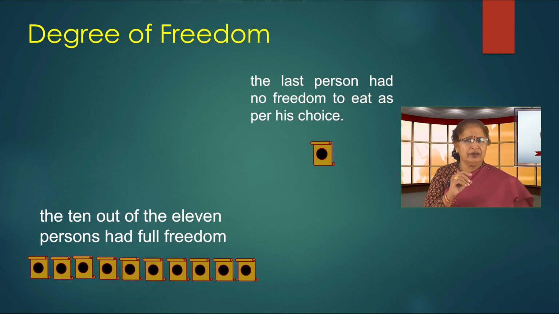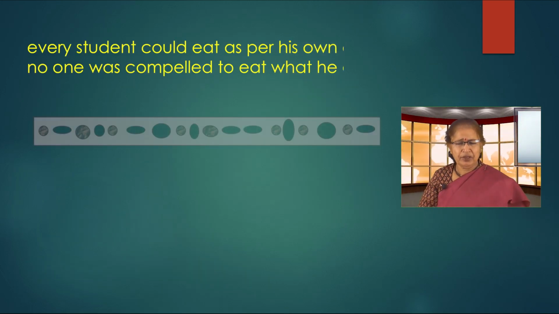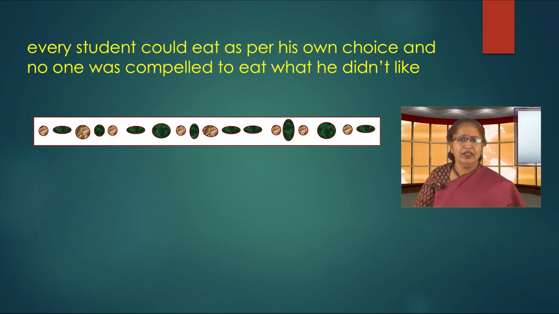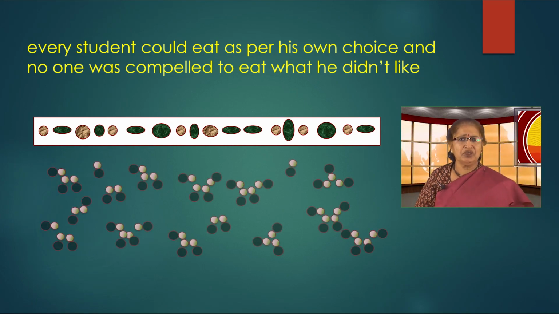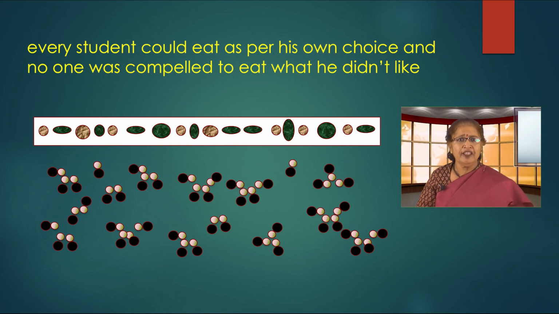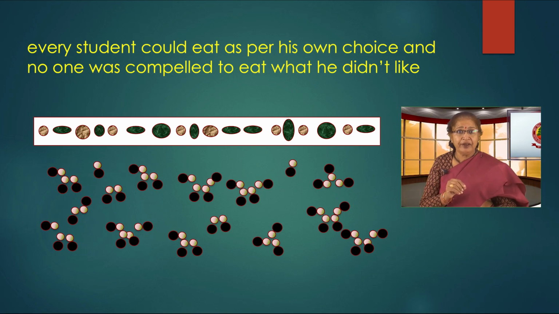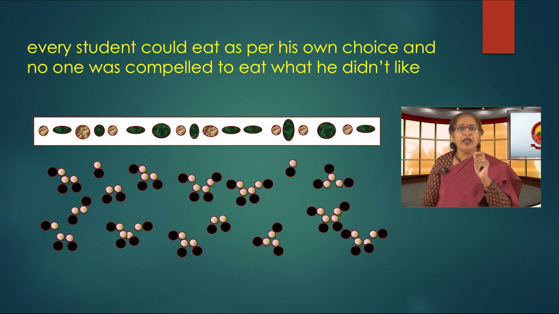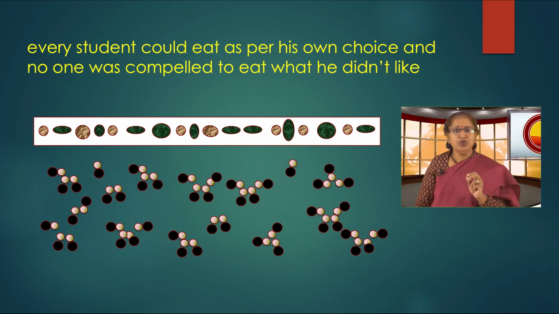On the other hand, if you peep into the situation where meals were arranged for more than 1000 passed out students of the university in a post-convocation session, you may find that every student could eat as per his own choice and no one was compelled to eat what he did not want to.